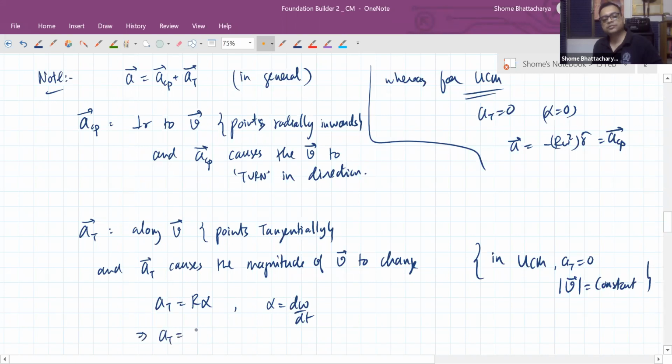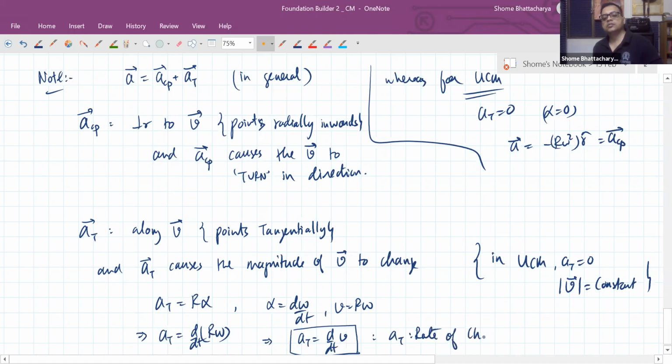Therefore, this can be written like this. And v is equal to r omega. You can see that tangential acceleration is equal to the rate of change of speed v. This is an important concept to understand: tangential acceleration equals the rate of change of speed, dv by dt.